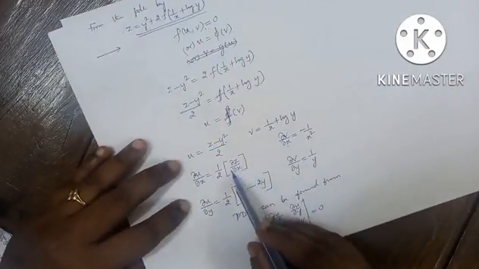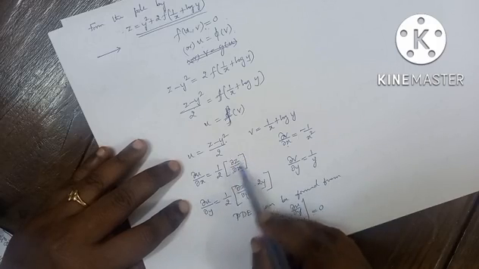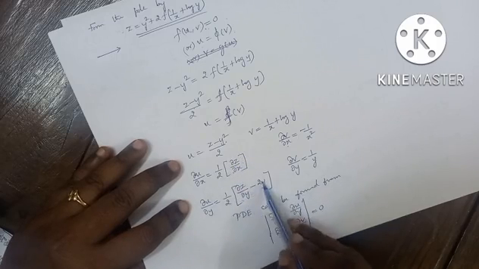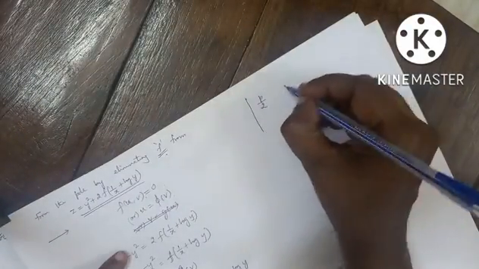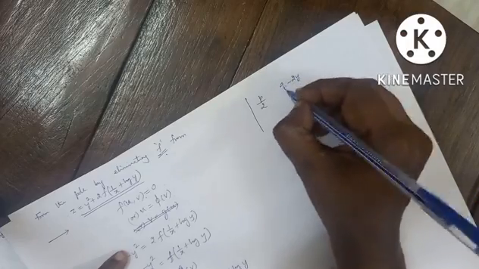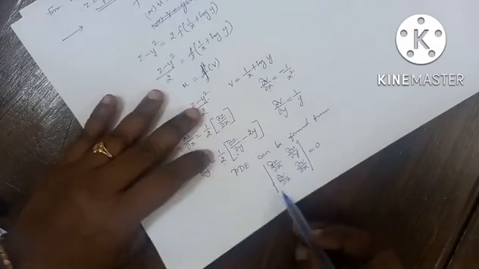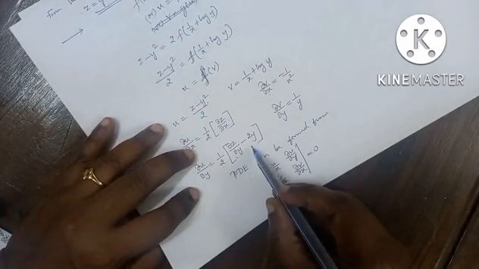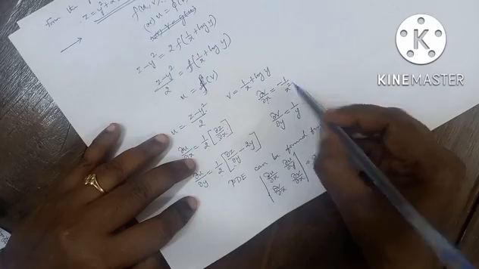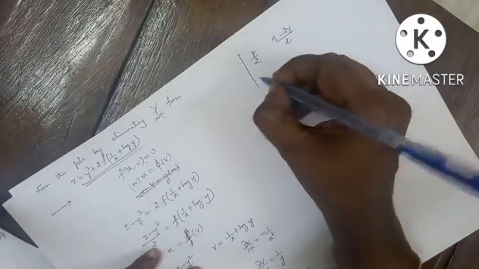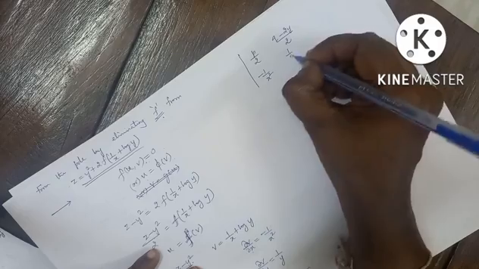See, dou z by dou x is p, so it is p by 2. It is q minus 2y by 2, right? Minus 1 by x square, 1 by y, equal to 0.